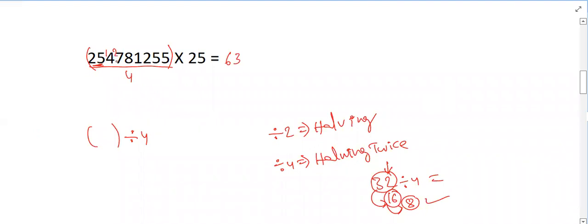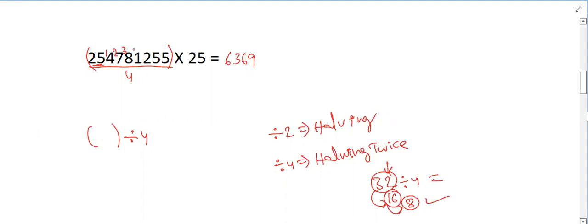Now it becomes 27. 27 by 4 is 6 with remainder 3. Now it is 38. 38 by 4 is 9 with remainder 2, since 9 fours are 36.